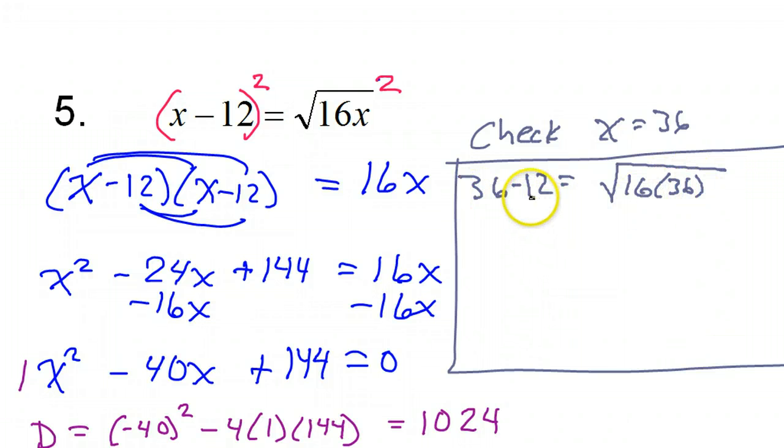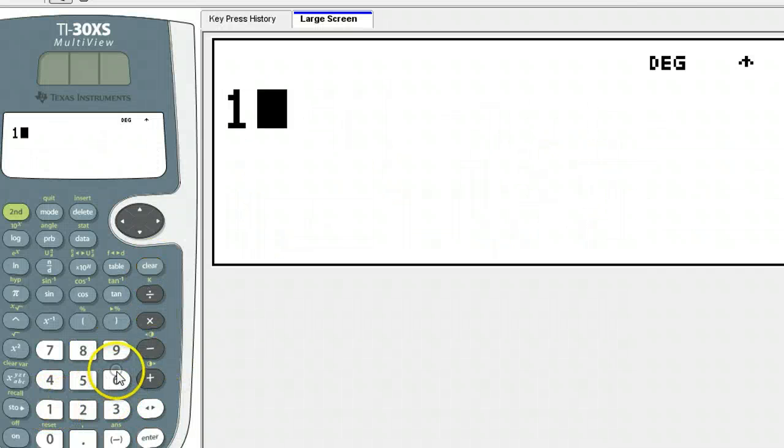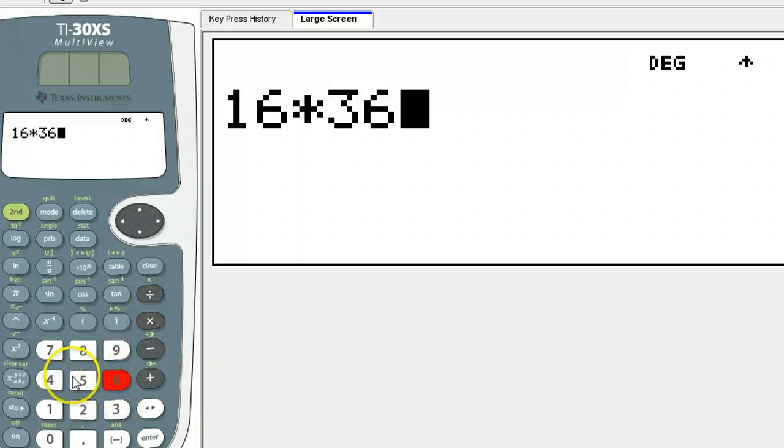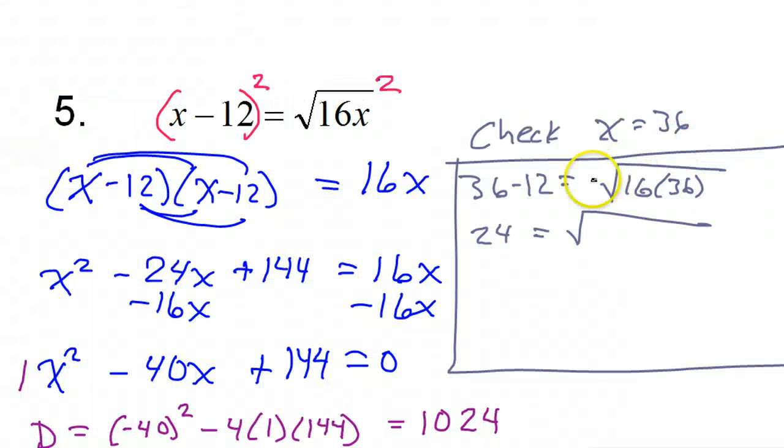Well, 36 minus 12 is what? 24. Okay, yeah. Meanwhile, over here, 16 times 36, and even on a 4-function calculator, 16 times 36, that's 576.